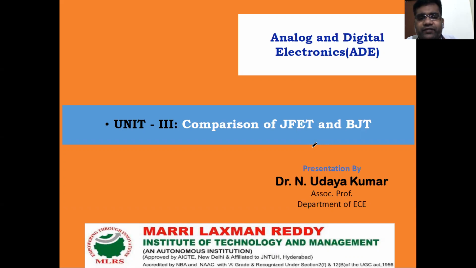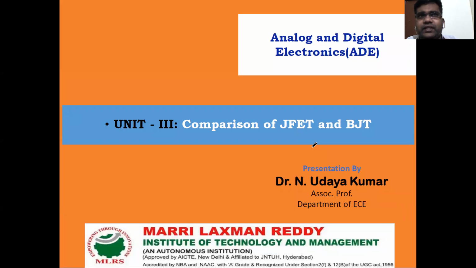The name field effect is derived from the fact that the flow of current through the conducting region is controlled by the electric field. In FET, the flow of current is controlled by the electric field.